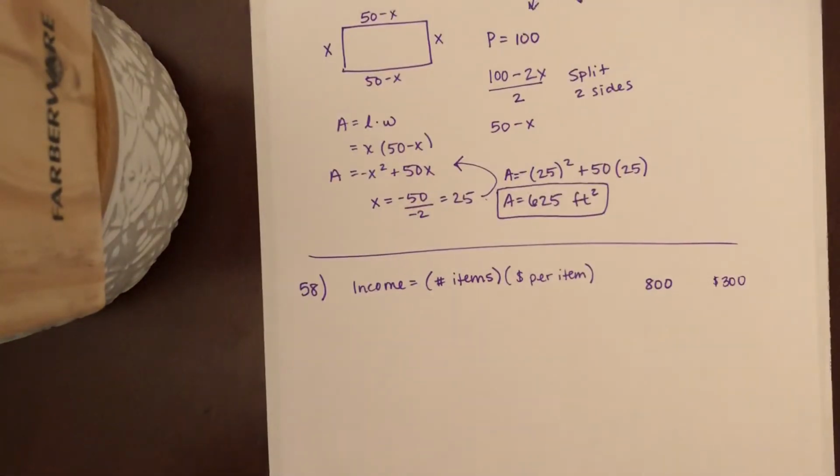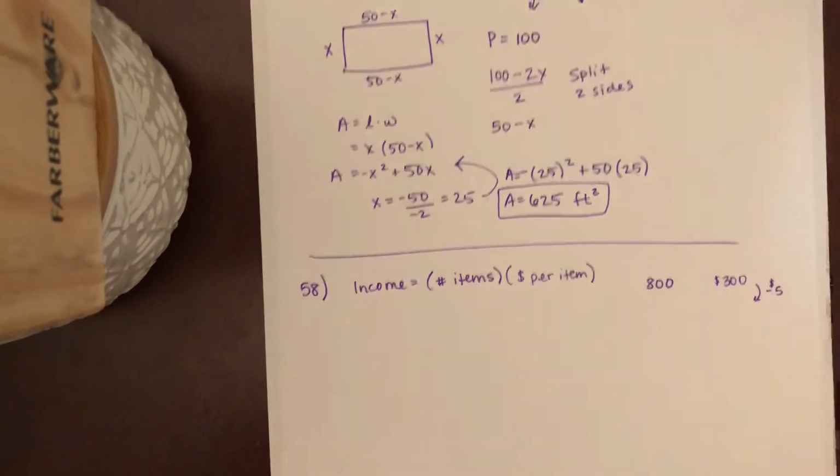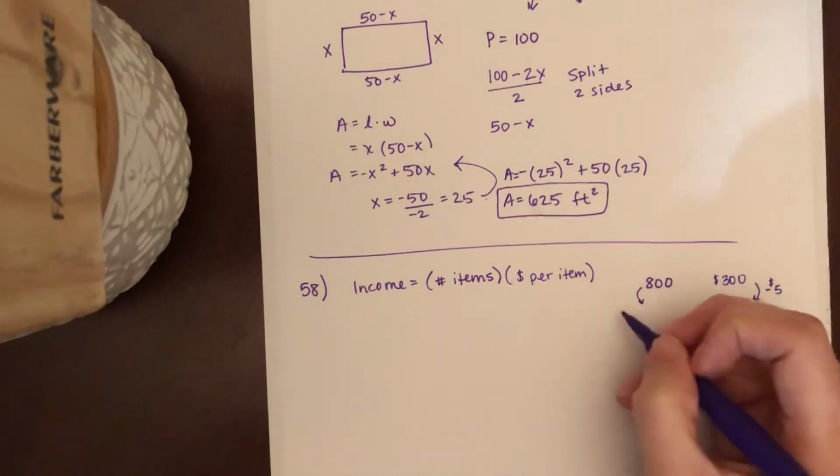So what's happening in this situation is we're talking about an increase or a decrease in the price and how that affects the number of apartments. So a survey indicates that a $5 decrease, so if we subtract $5, results in an increase of 20 leases.